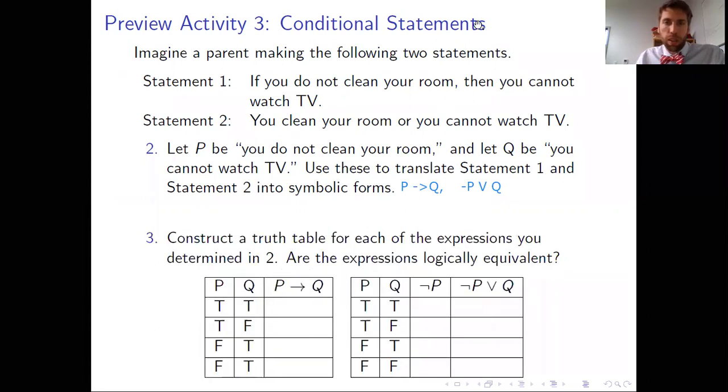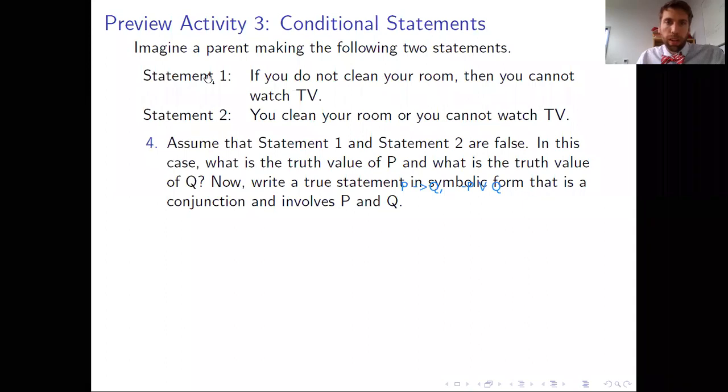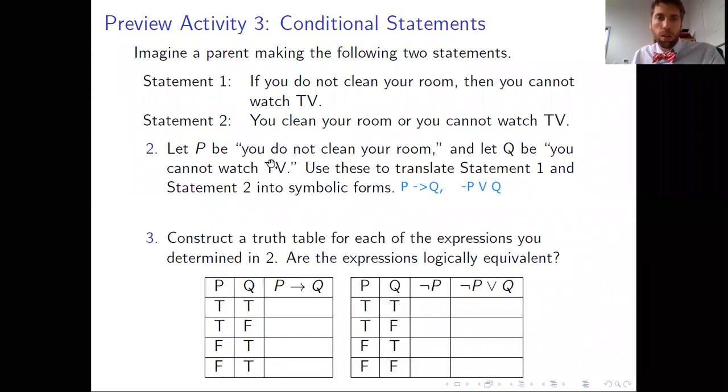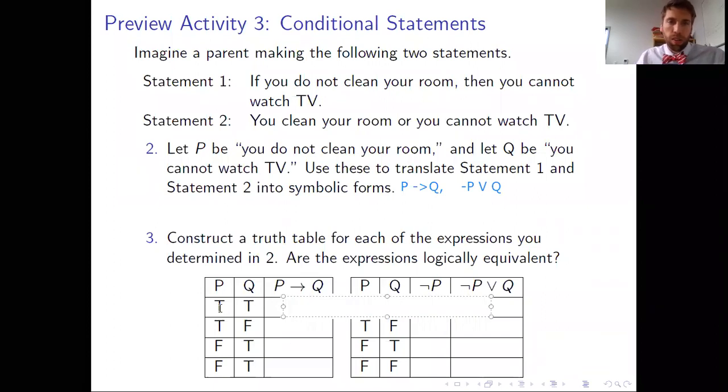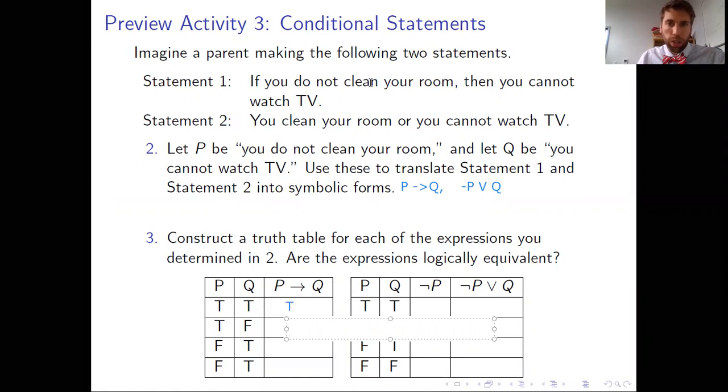Well, let's see. Oh, I have to go back. So here, if P is you do not clean your room and Q is you cannot watch TV, then that statement is true. If it's true that you do not clean your room and then you do get to watch TV, that would make the statement false. That means the parent lied.